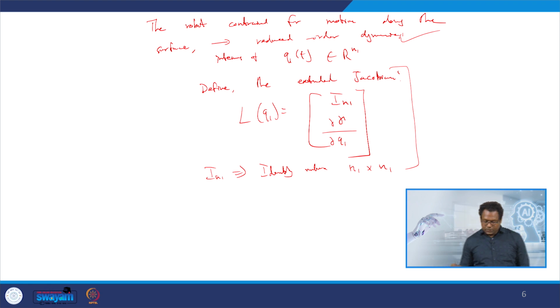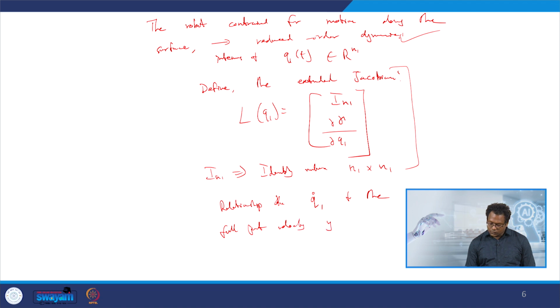Then the relationship between the tangential velocity, which is q1 dot, to the full joint velocity q dot is given by q dot equal to L of q1 into q1 dot.